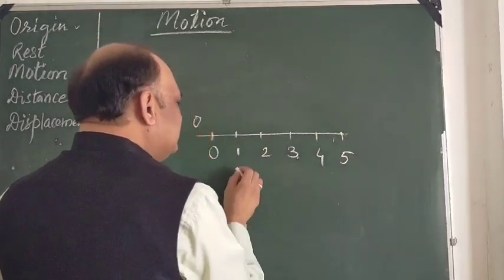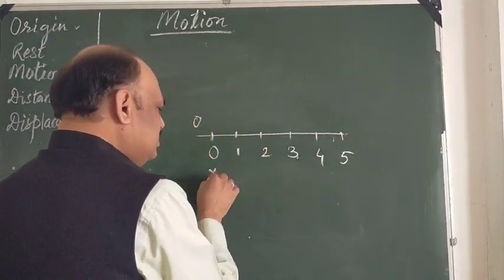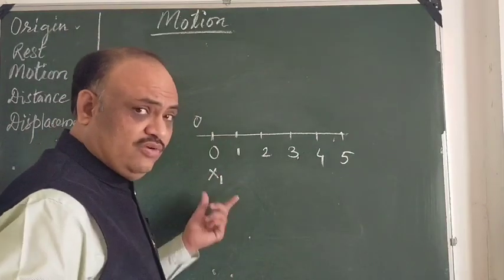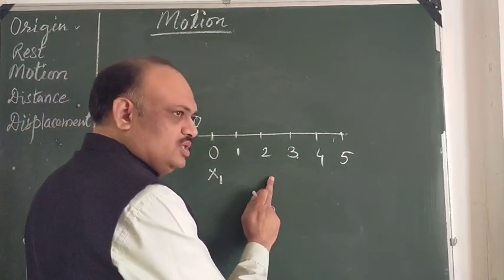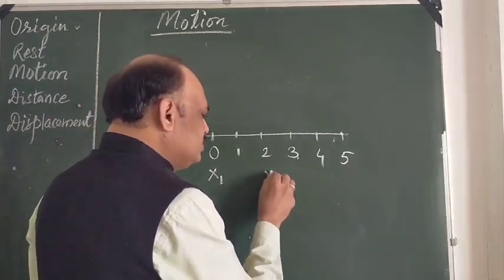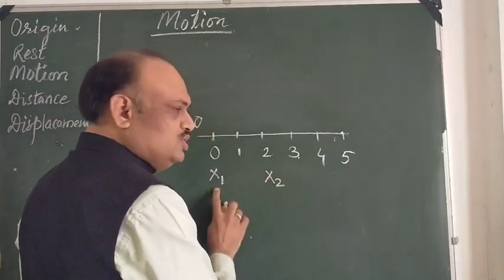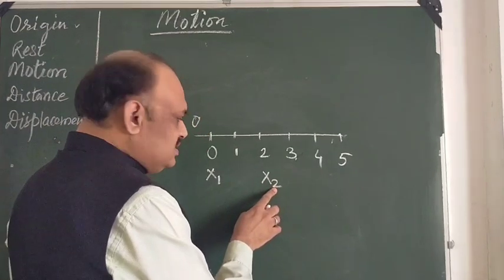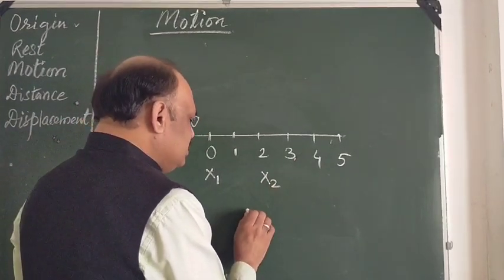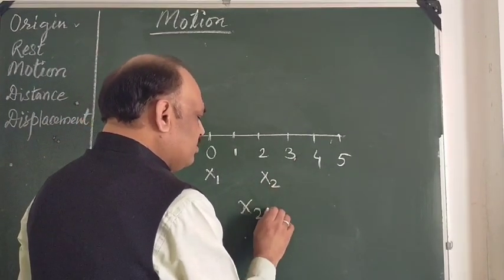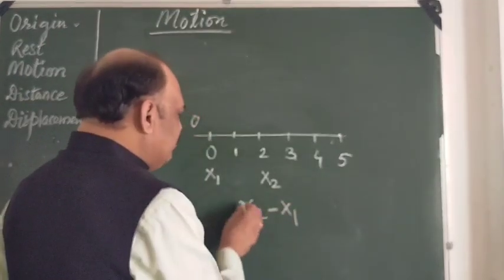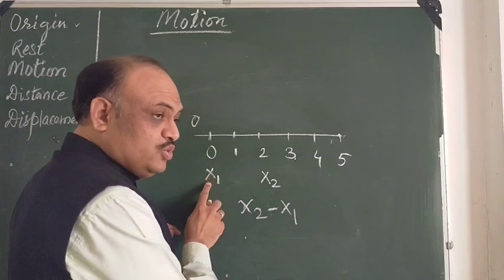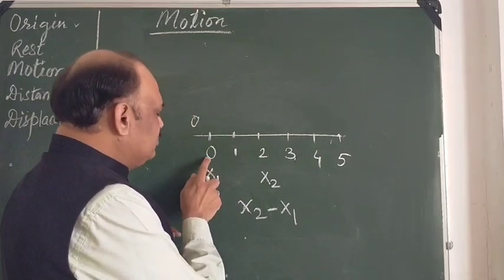I can say that this is the X position or x1 position. I was here, and from here I went to some other position. So my distance is x2 minus x1.